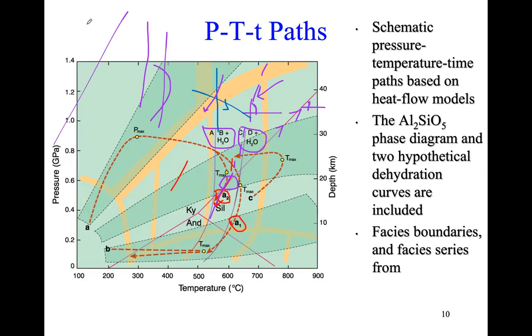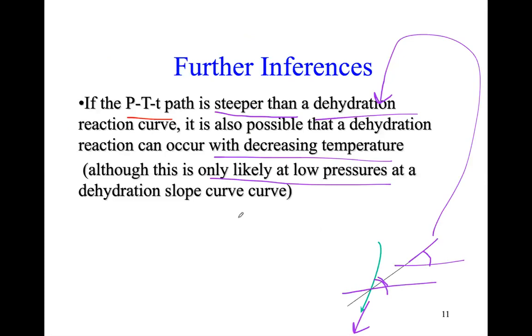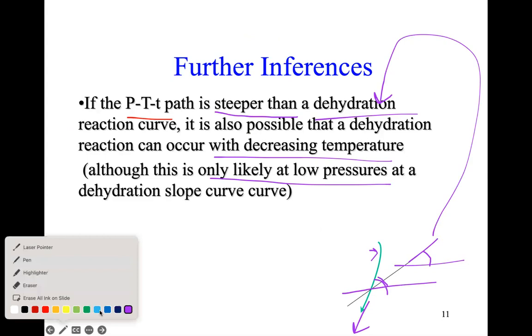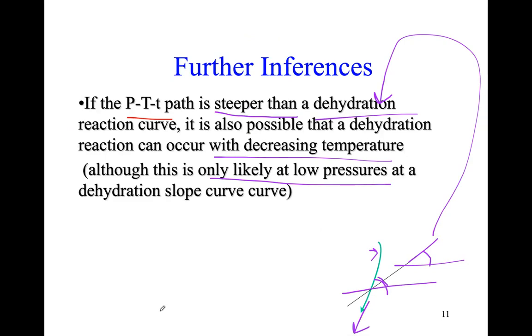So these types of things can happen during temperature decrease also, like here. Okay, this is the PT path. In this area you can see the temperature decreasing. So if this is the dehydration reaction, you can expect this to happen, but on a limited scale.